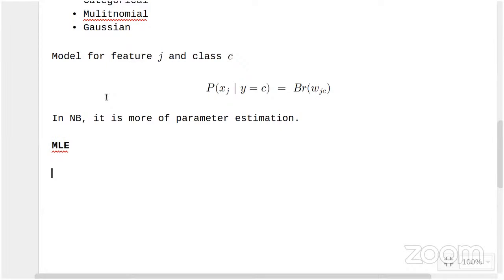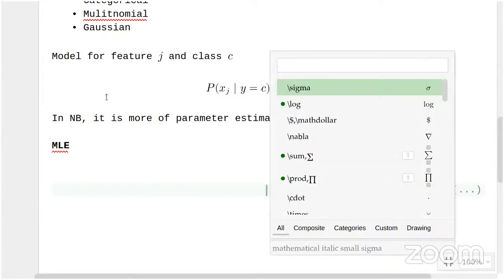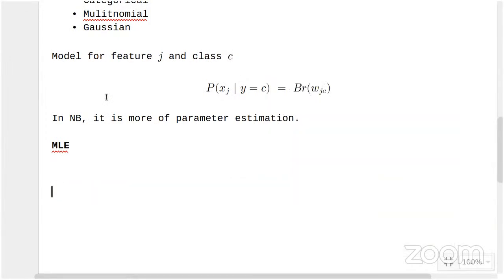Once again, it comes to the rescue. So I'll just write down this expression for seeing one data point x comma y.